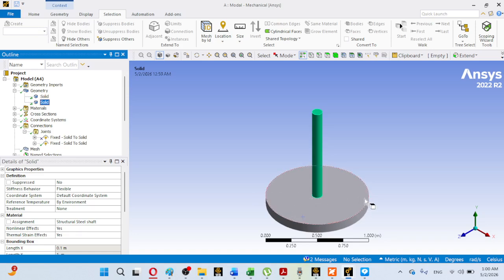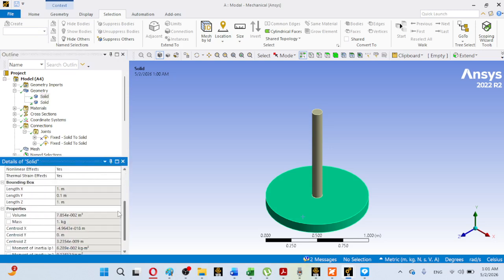So the diameter for this rigid disc was 1 meter, and its thickness, here you can see its properties. For example, this is the rigid disc.